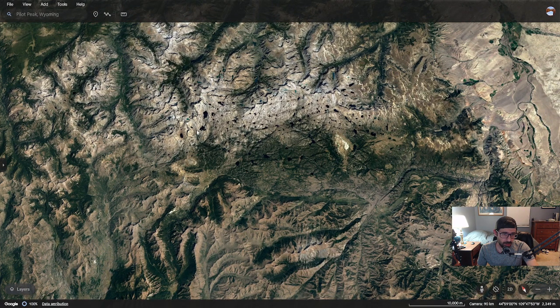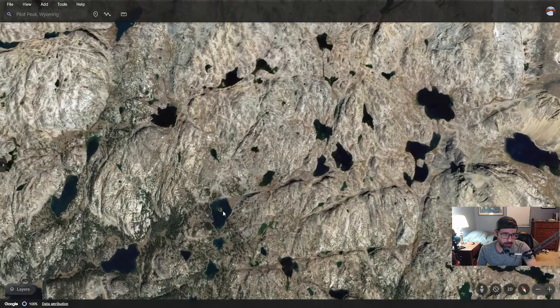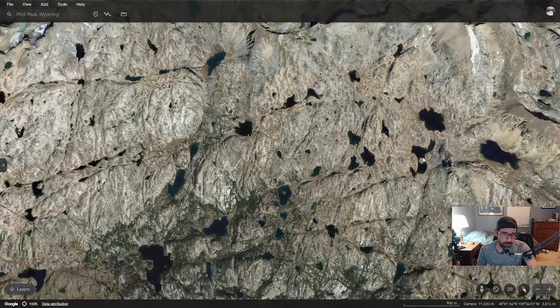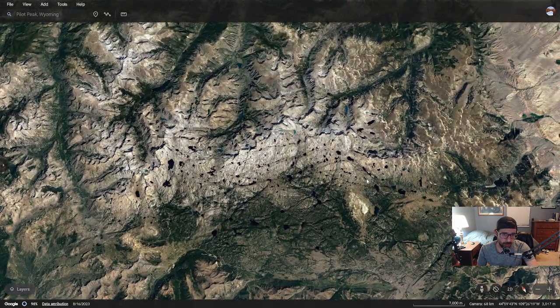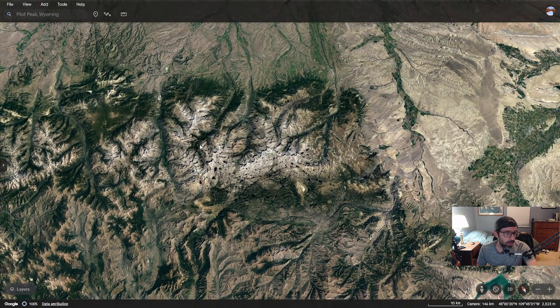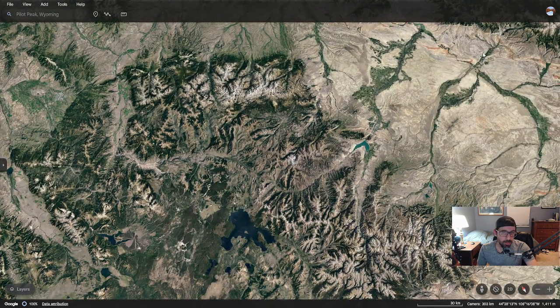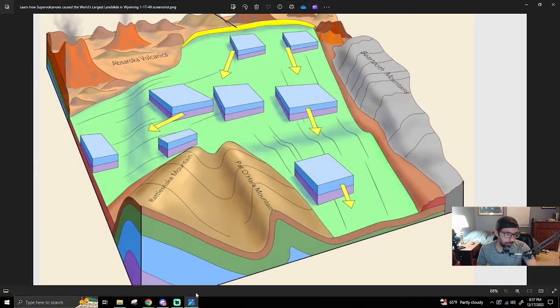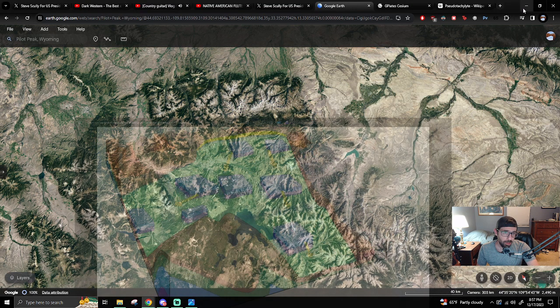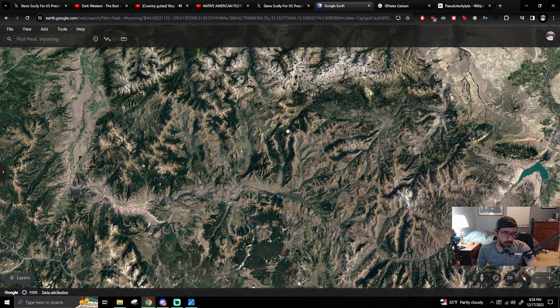Lots of etching. Lots of water. This is Beartooth Mountains. I'm not sure its exact boundaries, maybe there or something. So it sounds like it slid.